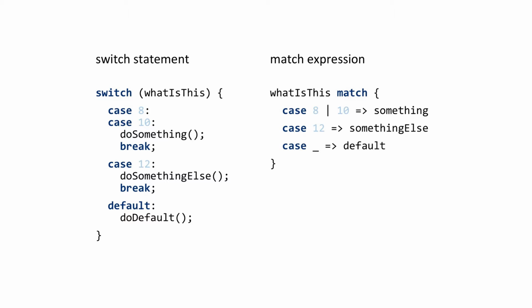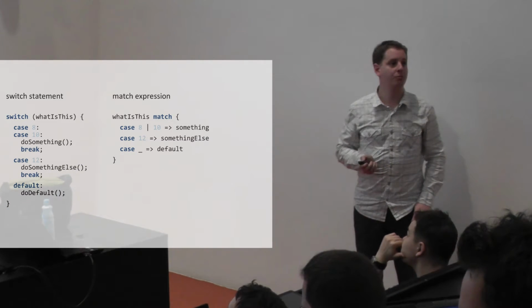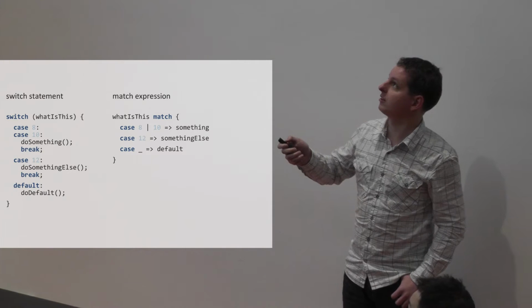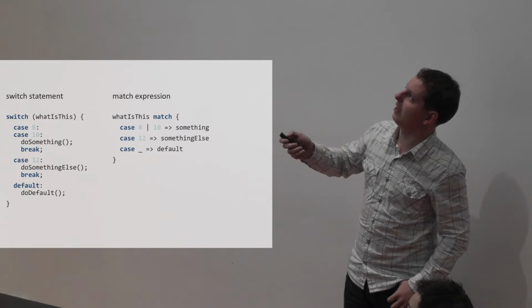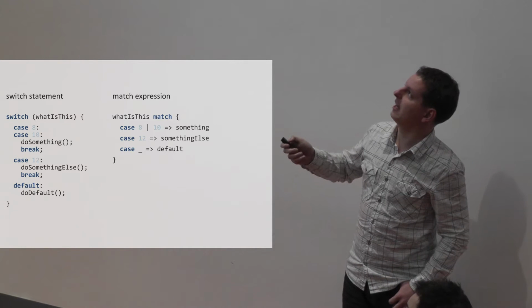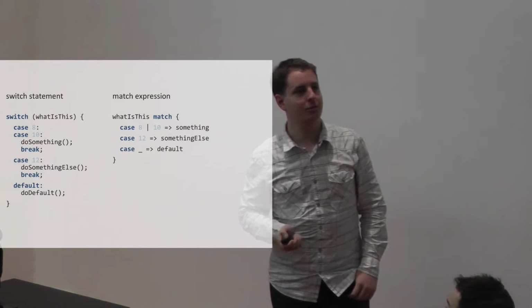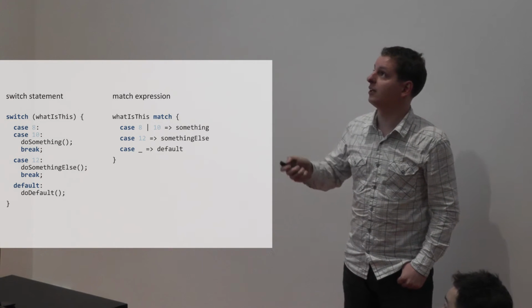Here is some expression, in this case probably a variable, the match keyword, and a block of branches. The expression's result is matched against some constant in each branch, and the match expression returns the value of the matched branch.